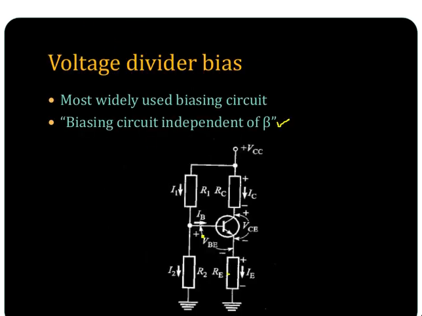So here you see this is V2, the voltage across R2. V2 minus VBE is the voltage across this emitter resistance, which is VE. So VE is equal to V2 minus VBE.